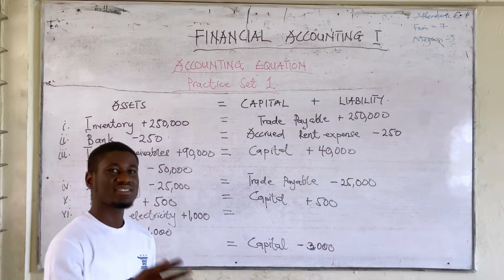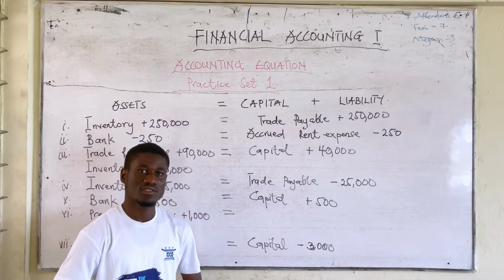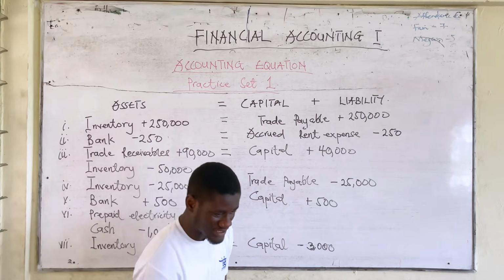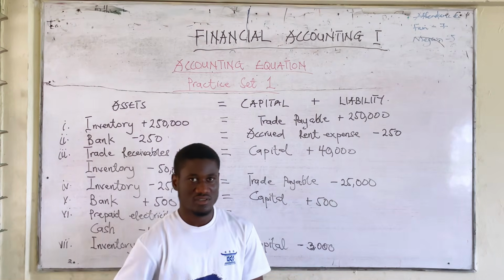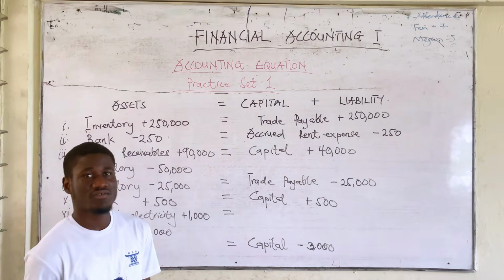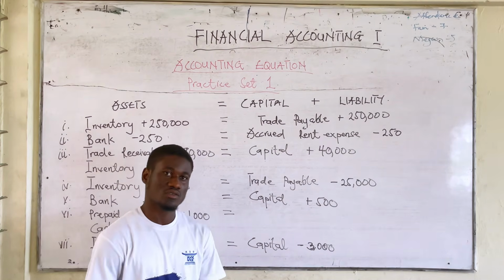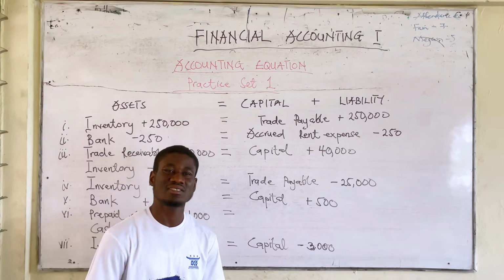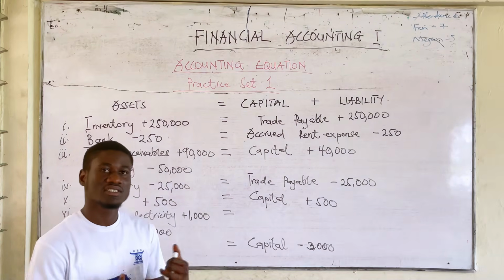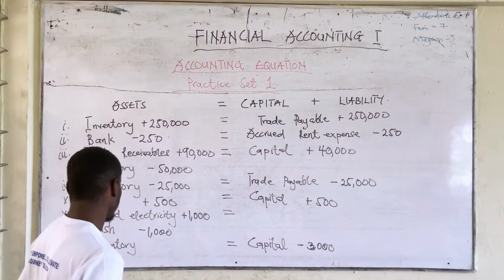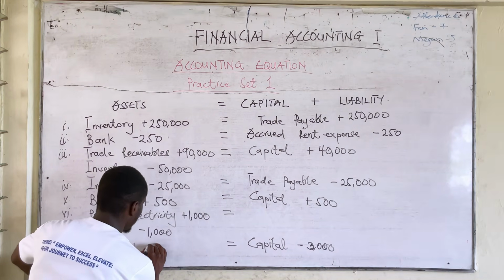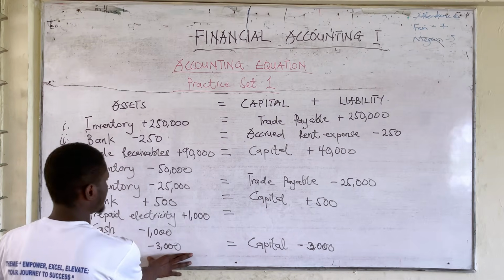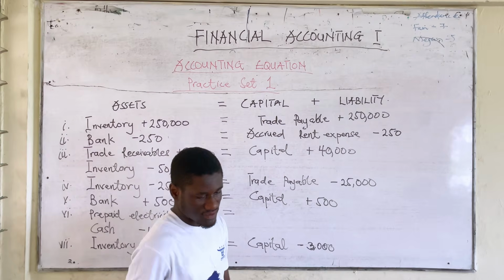And what did he take? Inventory. You've taken inventory out of the business to your friend as a birthday gift. Now, if we had 50,000 inventory and you've taken 20,000, we are no more left with 50,000. We are left with 30,000 now. So that means our inventory has decreased. You get it? Good. So by 3,000. So you could see that the left side is equal to the right side.